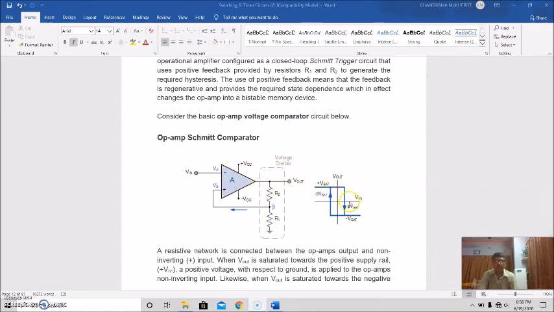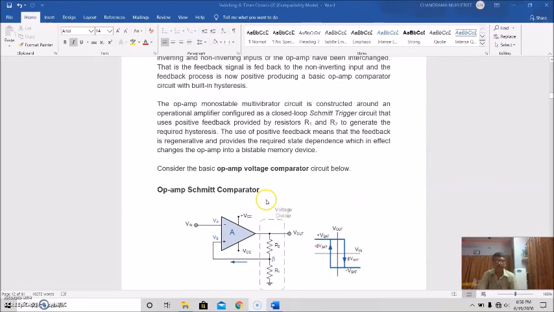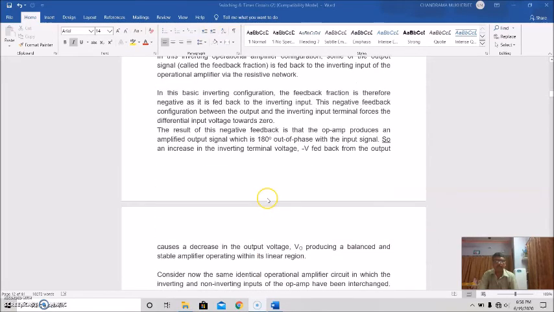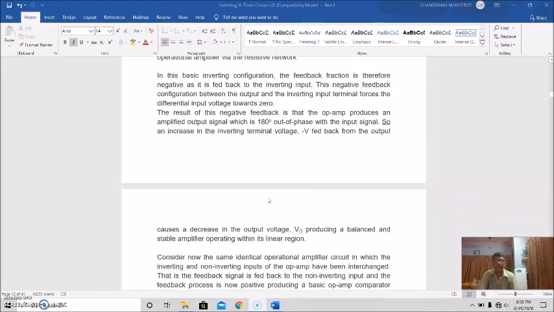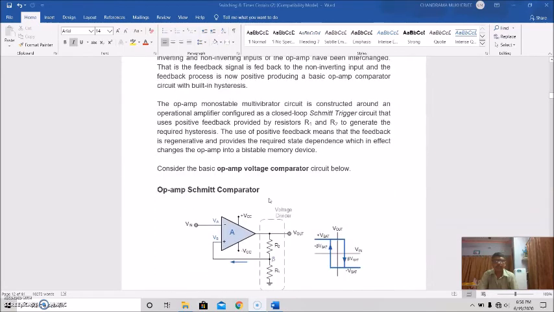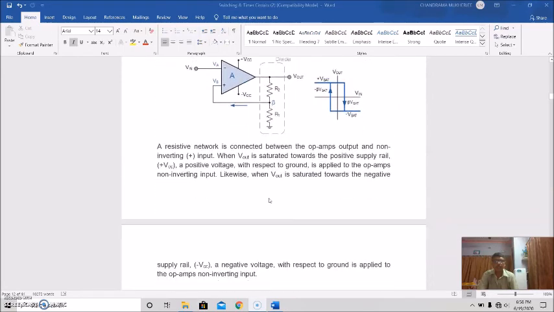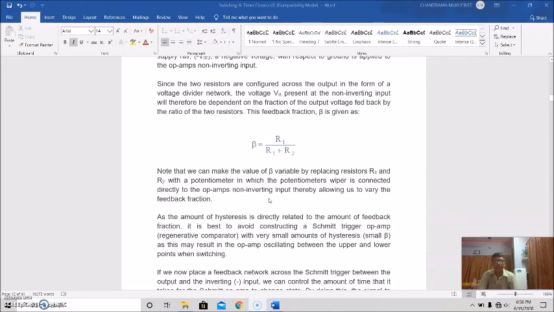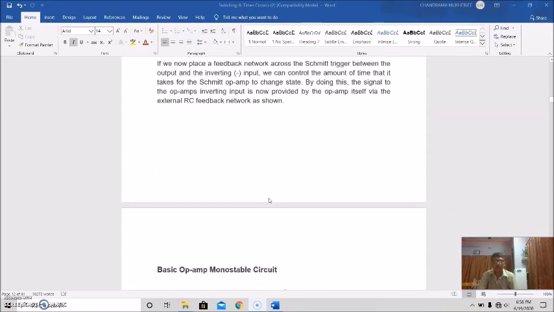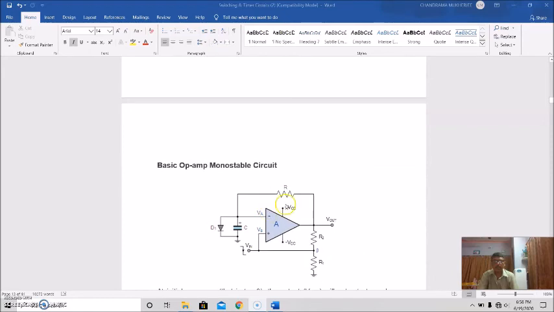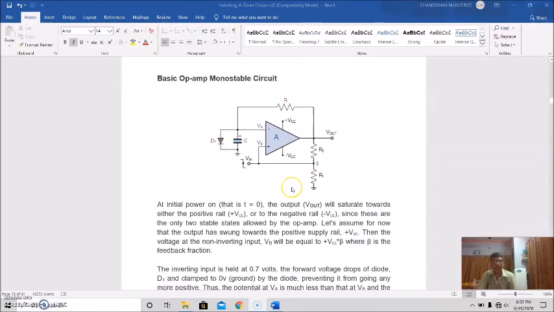This is combined with the voltage divider circuit and so on. Then we introduced the feedback parts, by which we constructed the basic op-amp monostable circuit.